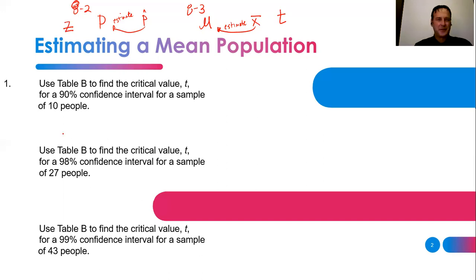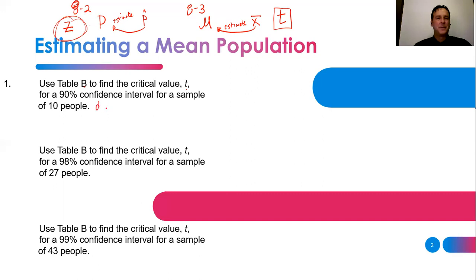And so let me explain for a second. We're dealing now with T's, and you'll notice the set of directions that says use Table B to find the critical value T, not Z, that was 8.2, for a 90% confidence interval for a sample of 10 people. Now here's the deal. I'm going to have you use a little formula. It's really easy.